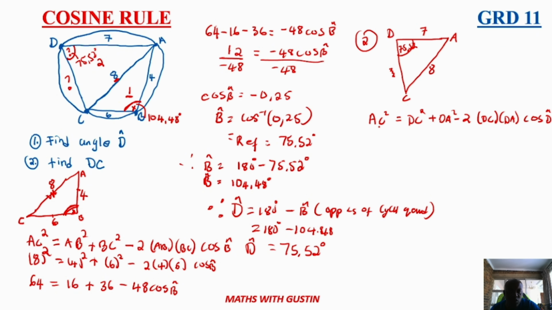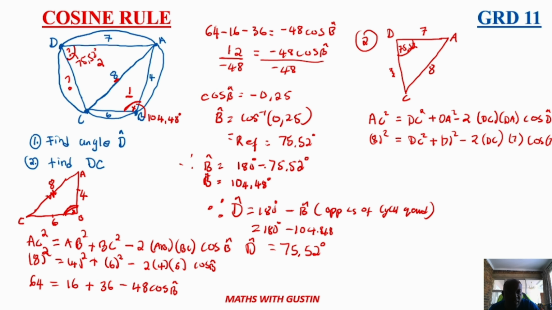All right, great stuff. So we know AC is going to be 8 squared. It's equal to DC, that's what we're looking for, DC squared, and AD is going to be 7 squared, minus 2 DC multiplied by DA, which is 7, times cos angle D, which is 75.52, close bracket.